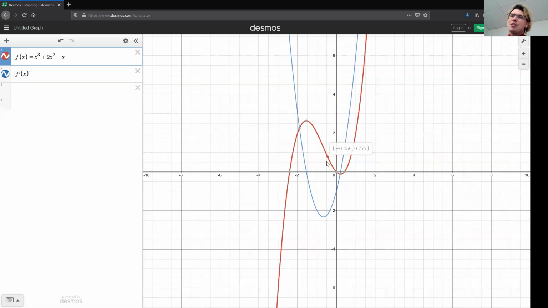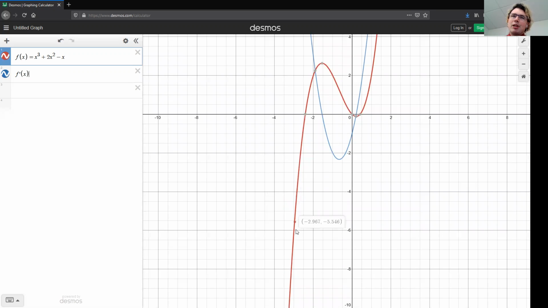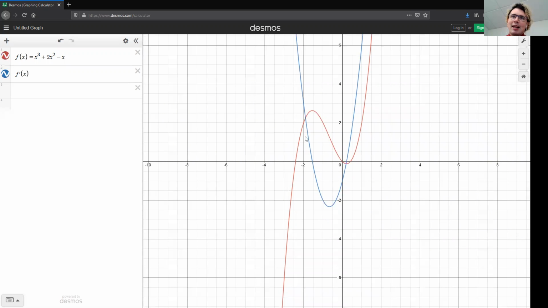A decreasing function has a negative derivative, and an increasing function has a positive derivative. So as long as I'm choosing x bigger than 0.2, 0.21, then my red function is increasing. It's also increasing over here, and I can tell that because my derivative is positive.